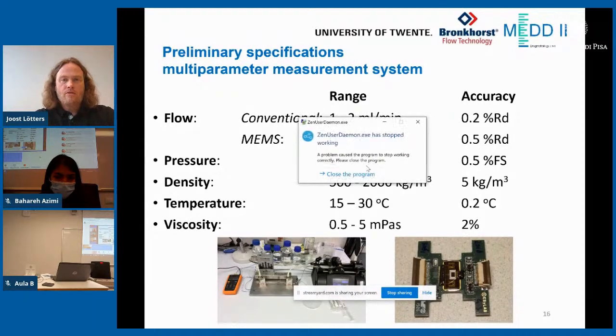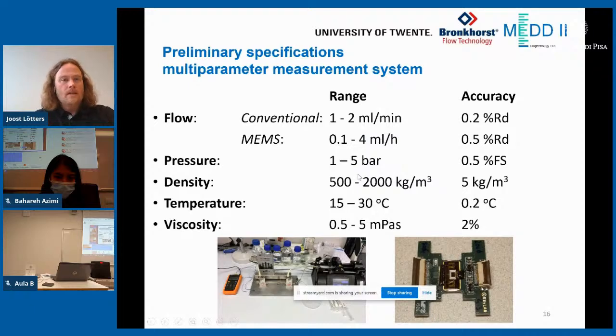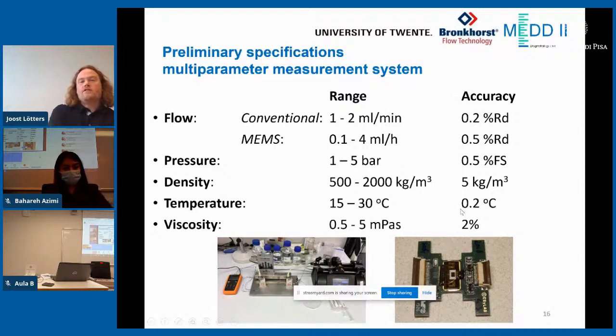The MEMS, of course, will be a little bit lower. Pressure in the range of 1 to 5 bars, density, as mentioned here. Temperature between 15 and 30 degrees centigrade, accuracy of 0.2 degrees centigrade, and viscosity in the range of 0.5 to 5 millipascal seconds with an accuracy of 2%.